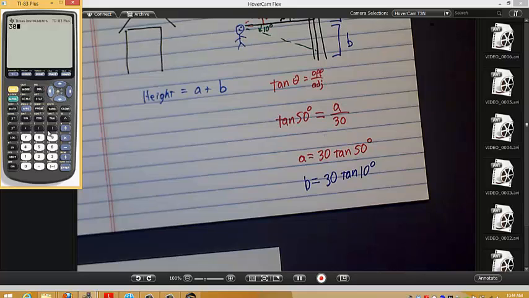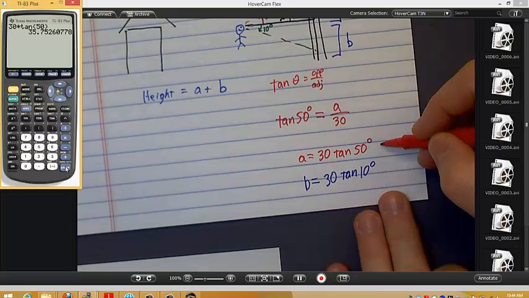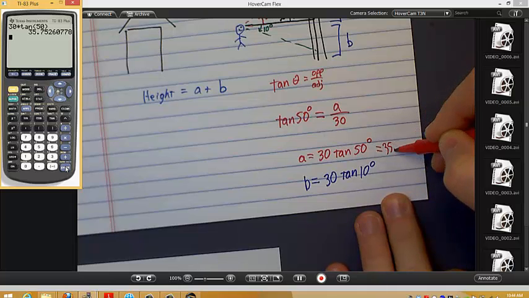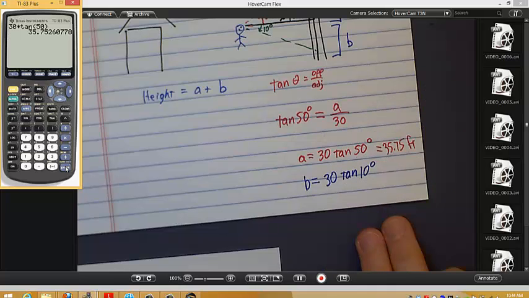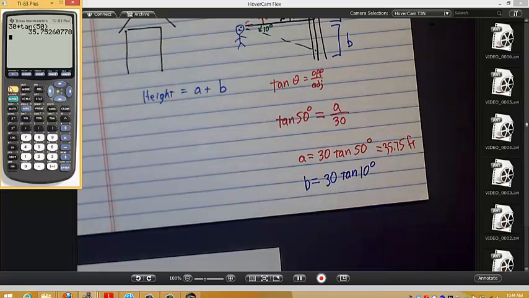So 30 times tangent of 50. Okay, so A is about 35. What are the units? Because we measured the 30 in feet, this will also be in feet. 35.75 feet. And now, if I do 30 times the tangent of 10, that's another 5.29 feet.